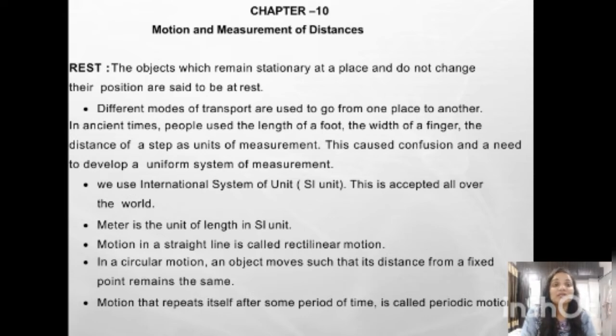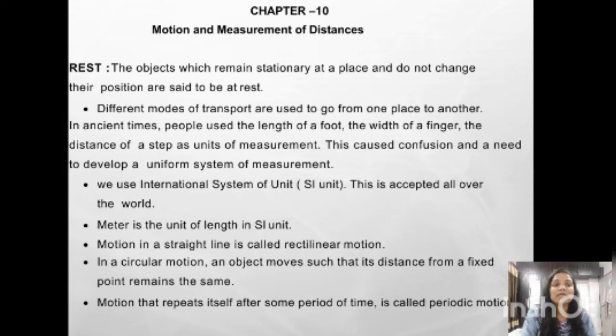That's why they have written: an object moves such that its distance from a fixed point remains the same. Third one is motion that repeats itself after some period of time, called periodic motion. Here in periodic motion, the best example ever is a clock or watch, whatever we are wearing.